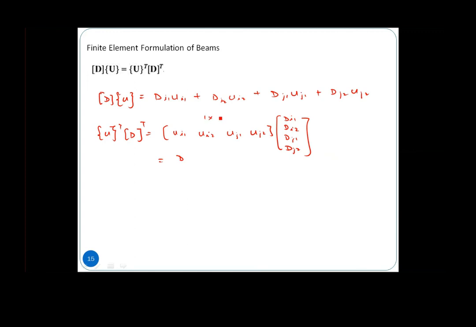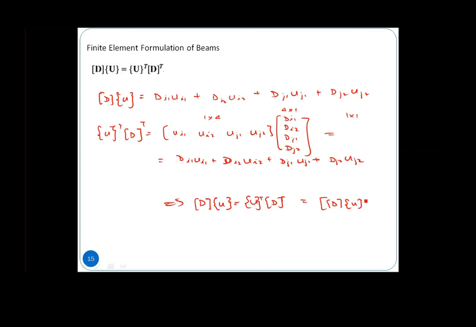This is 1 times 4, 4 times 1, so you also get 1 times 1: di1 ui1 plus di2 ui2 plus dj1 uj1 plus dj2 uj2. So we are saying that d u equals u transpose d transpose, or equivalently d u transpose.